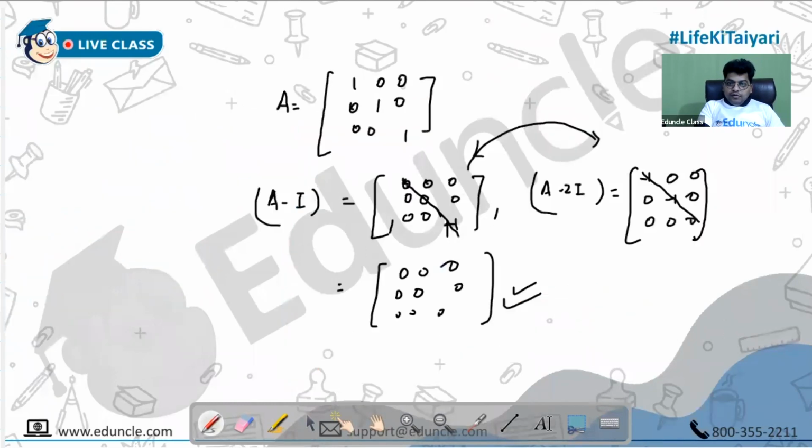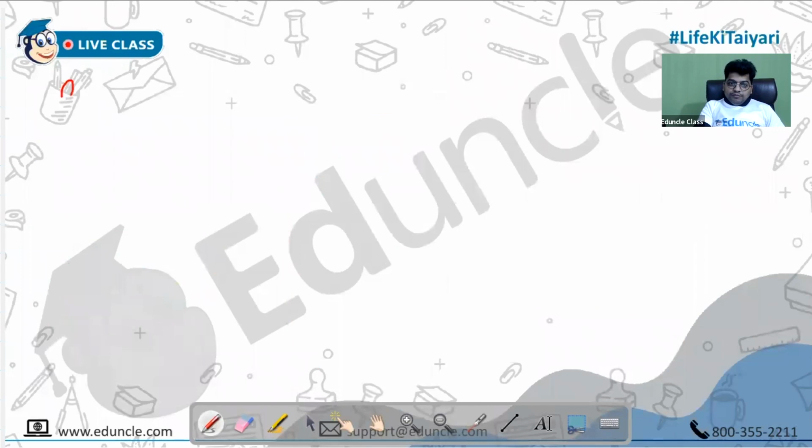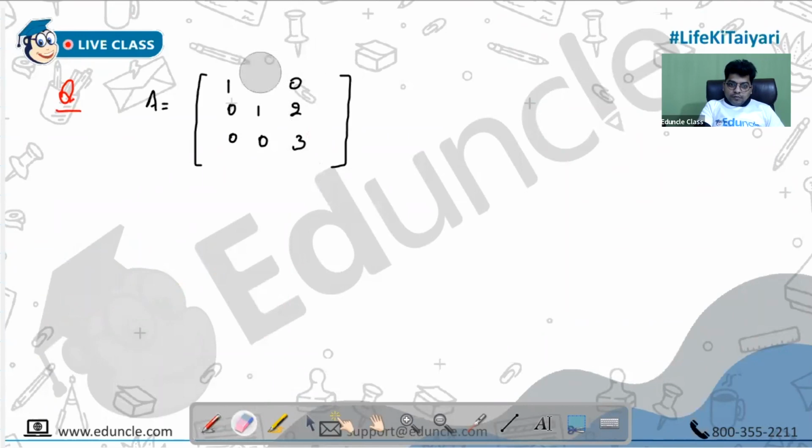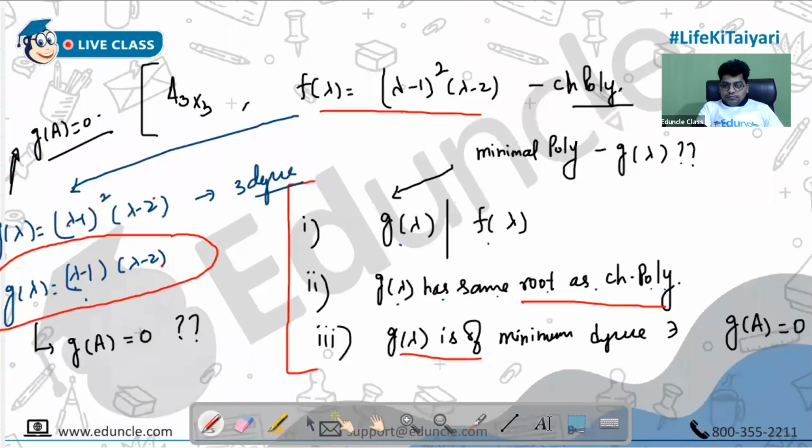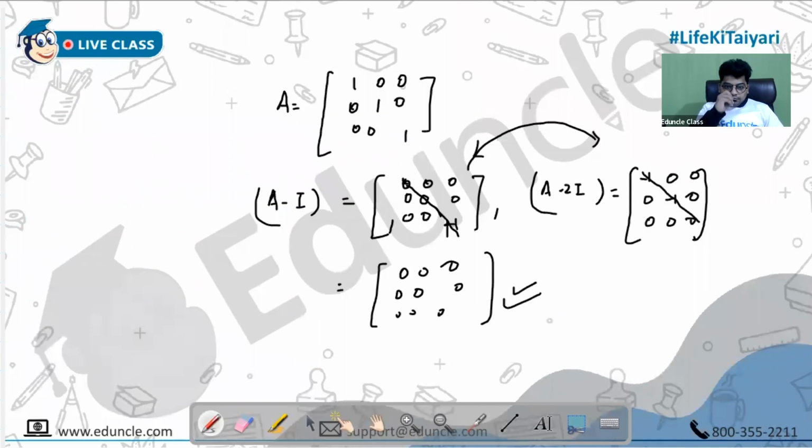If I give you some problem, see, if you have a matrix, A minus 2I, meaning all the diagonal elements are -1.